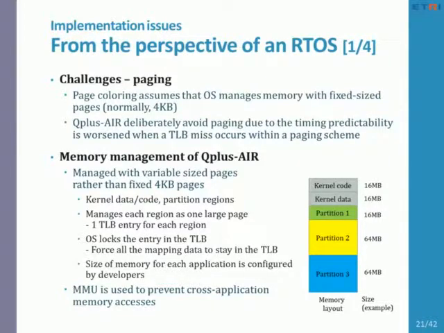It means that we need only one translation entry, one TLB entry, for each region. And Q+Air even locks that entry in the TLB, so the mapping data stays in the TLB, and this ensures the performance stays within a predictable range.